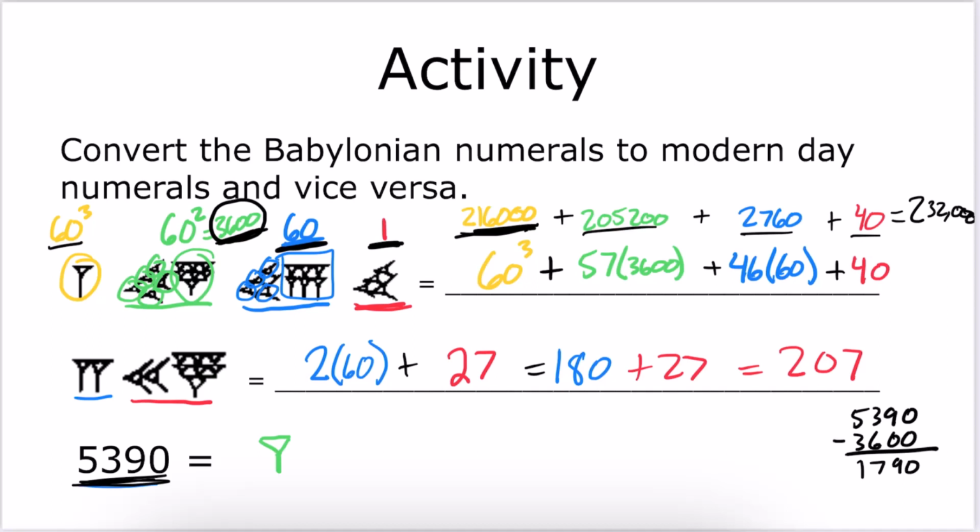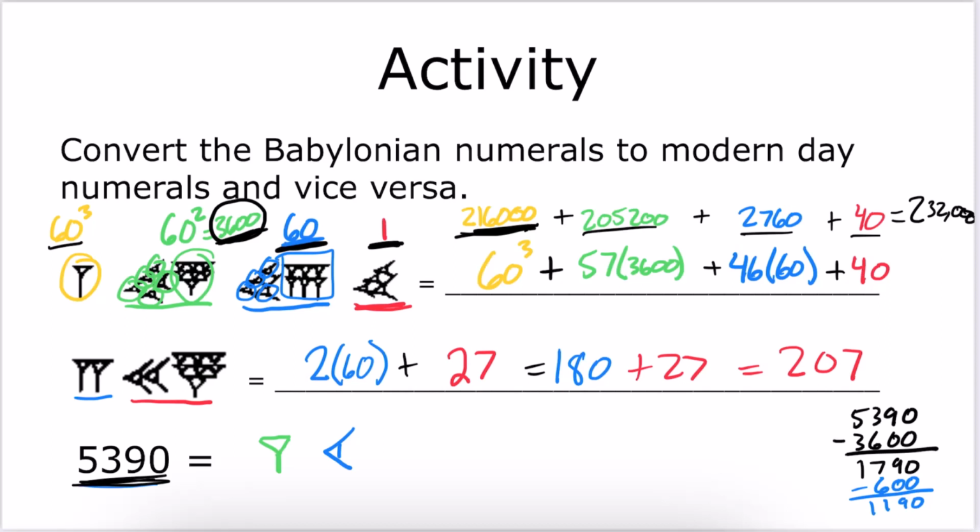So I might say, okay, well, I know that there's at least 10 60s because 10 60s is 600. So if I subtract 600, that gives me 1,190. I could subtract 600 from that again, and I'm going to actually draw these as I go. So here's my 10 60s that I subtracted once.